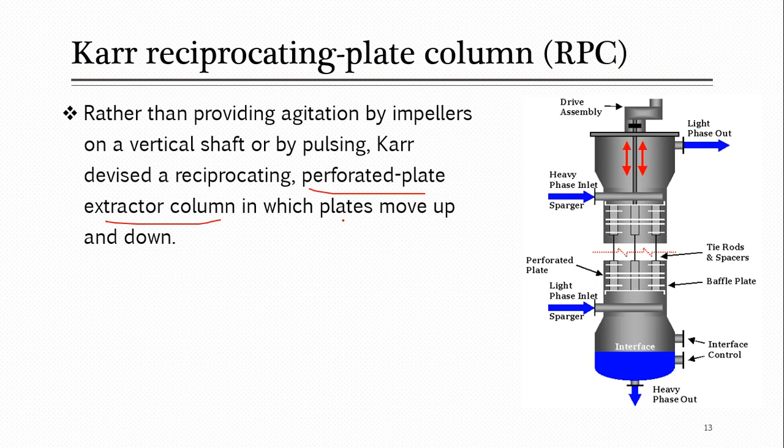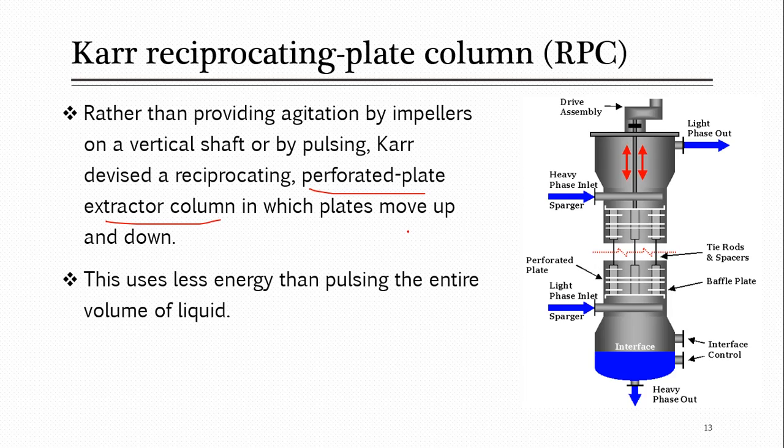This is a plate column, and if you remember, the plate column, our sieve tray column, was discussed yesterday as the best among all the others. So if we improve agitation in that main system with the help of this assembly, definitely we can go way ahead in terms of mass transfer.